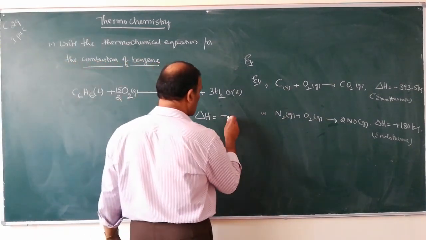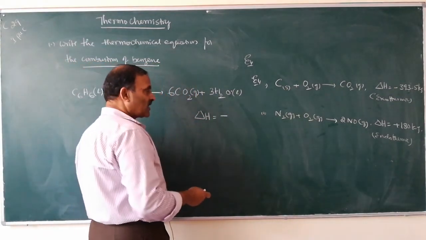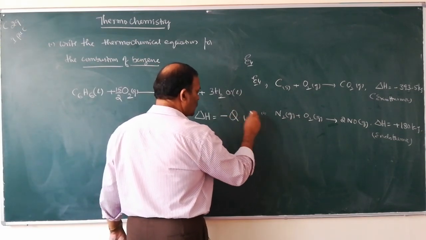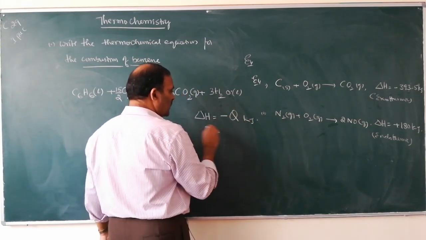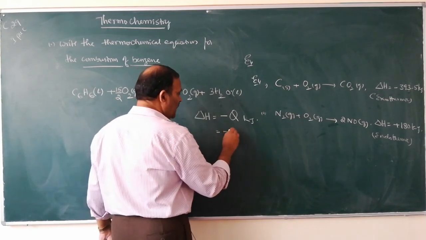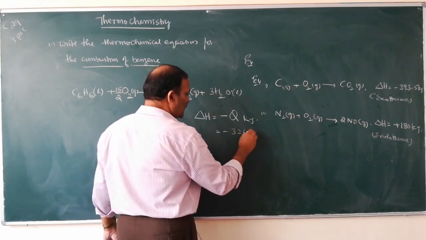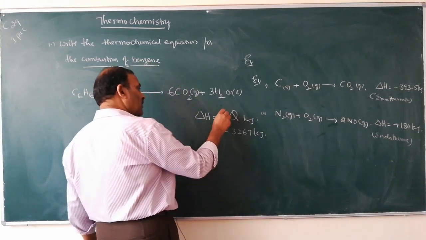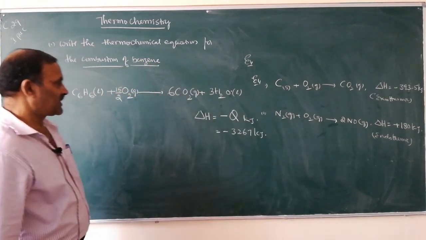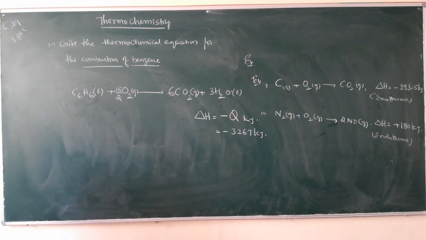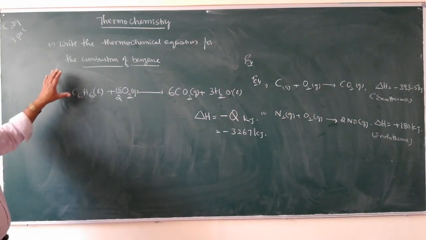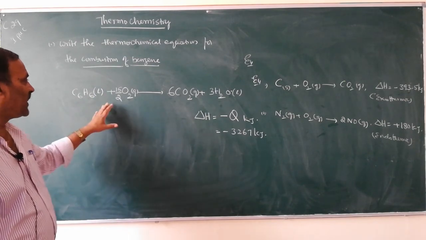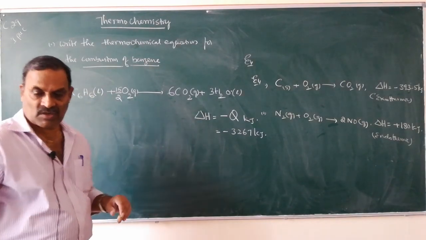If you do not know the figures, you simply write minus Q kilojoules. But I will give you the value, minus 3267 kilojoules. So this is the thermochemical equation for the combustion of benzene.